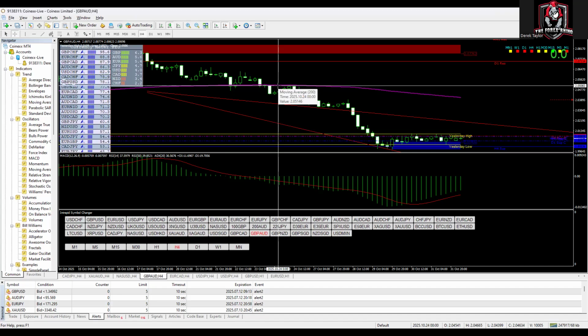So if price reaches here, and y'all make a note of this, 2.05109, and in the note I would put here, possible second position.